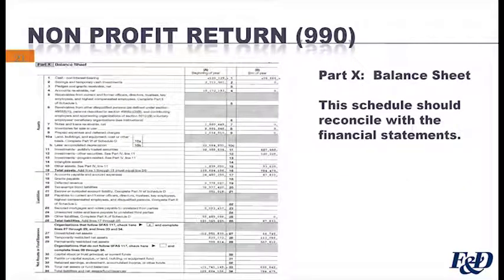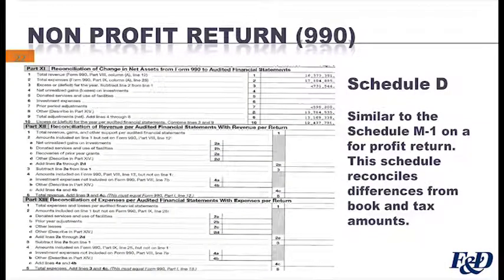Part 10, which is the balance sheet, is going to be very similar to a balance sheet on a nonprofit financial statement, and also very similar to the for-profit, partnership, and 1120 tax returns that we looked at. Schedule D, which I made reference to a few slides ago, reconciles your revenue per the audited financial statements and the tax return.